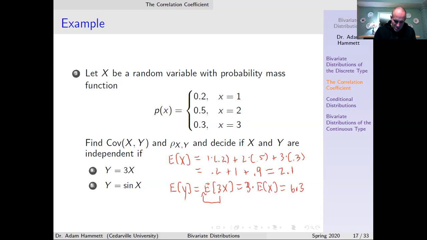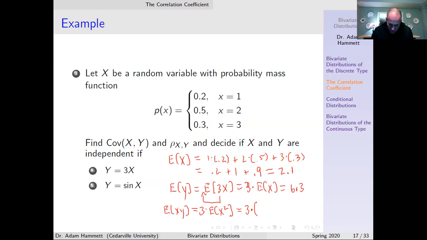Okay, what about the expected value of XY? Well, Y is equal to 3X. So I can factor out the 3, and I'm just going to get the expected value of X times X, which is X squared. So what are the possibilities for X squared?